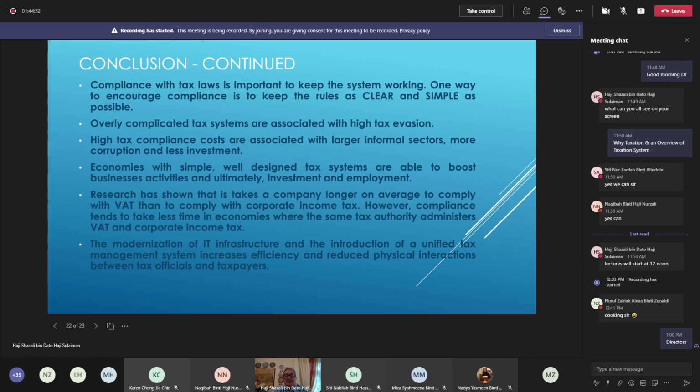And that will take time. That means a lot of information needs to be disseminated and gathered, and that will certainly lead to more corruption and less investment in the particular industry. Economies with simple, well-designed tax systems are able to boost businesses' activities and ultimately investment and employment.